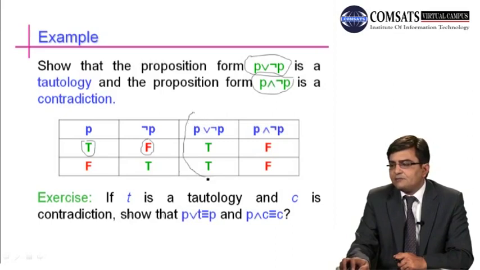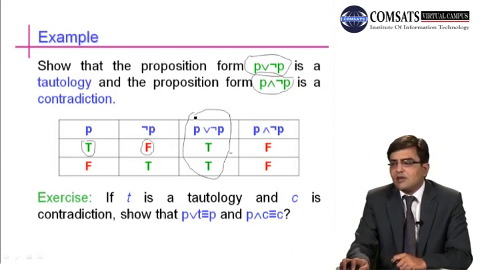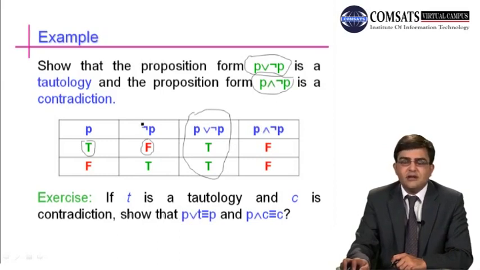We can see that each possible truth value of this compound proposition is true, regardless of the truth values of the individual propositions. What does it mean?